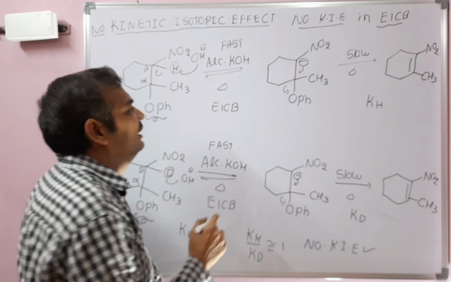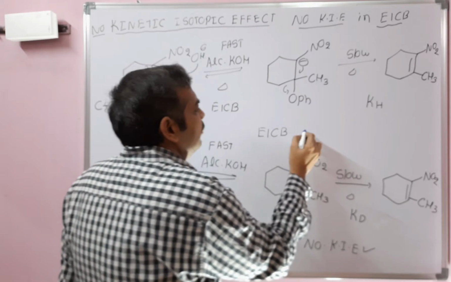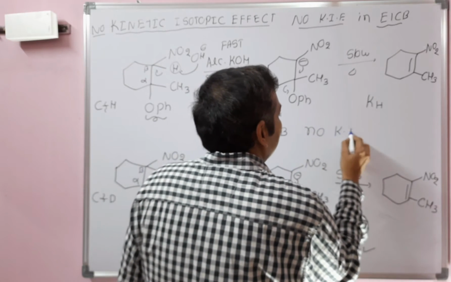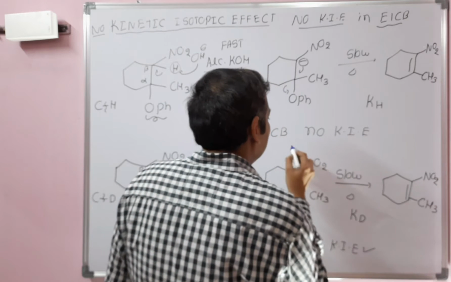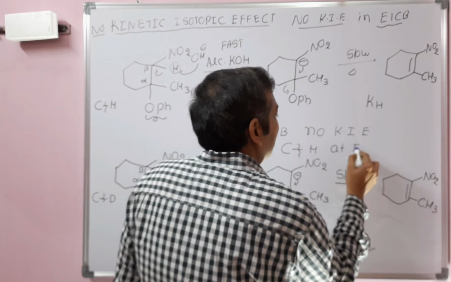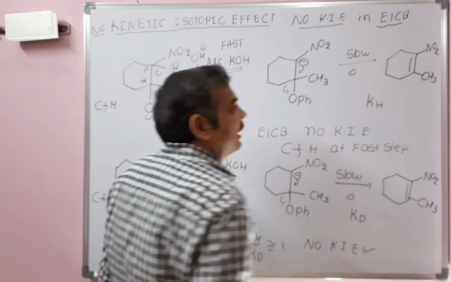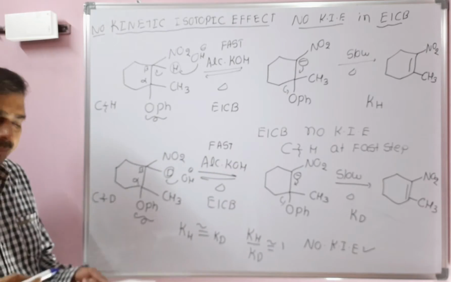That is the reason why these E1CB reactions have no kinetic isotopic effect. The reason is CH cleavage is taking place at a fast step. Clear? Next example.